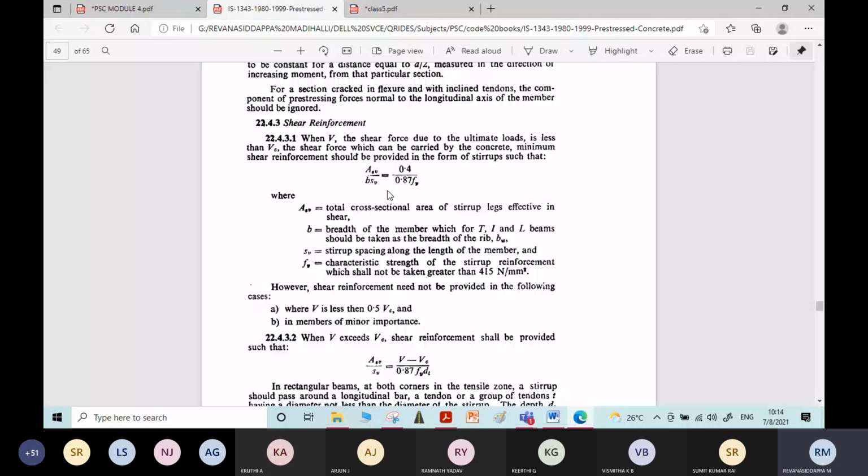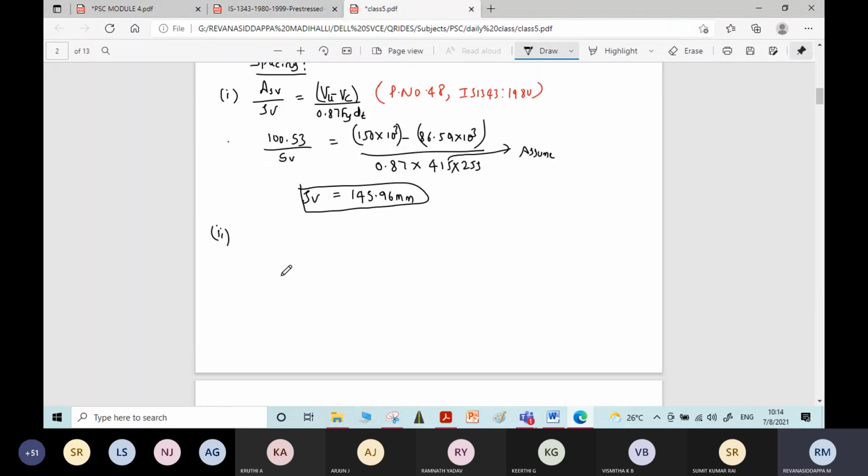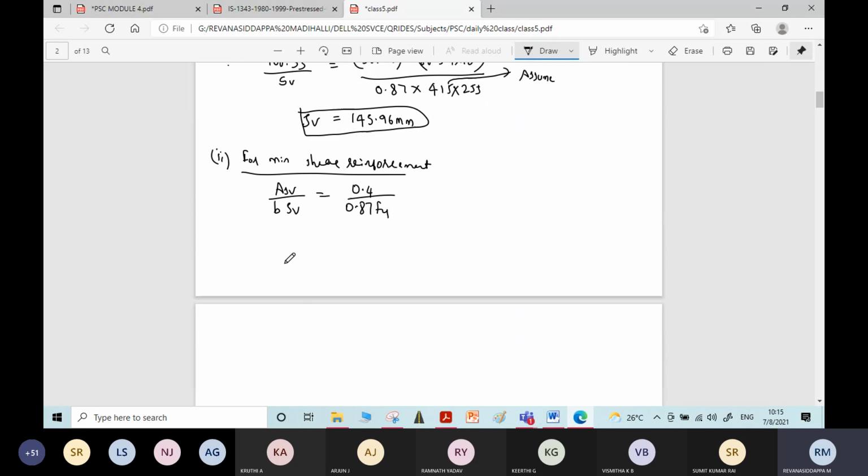ASV divided by B SV is equal to 0.4 divided by 0.87 Fi.